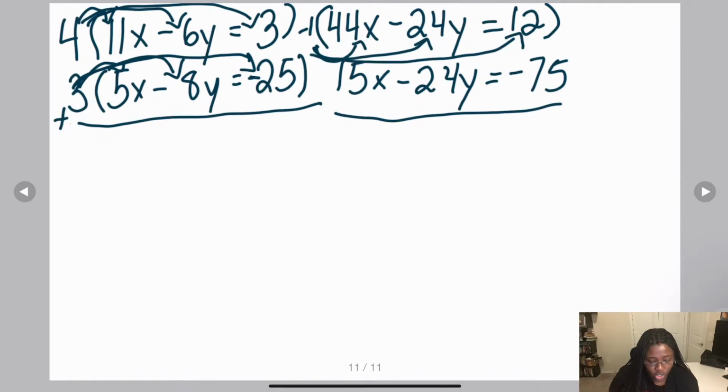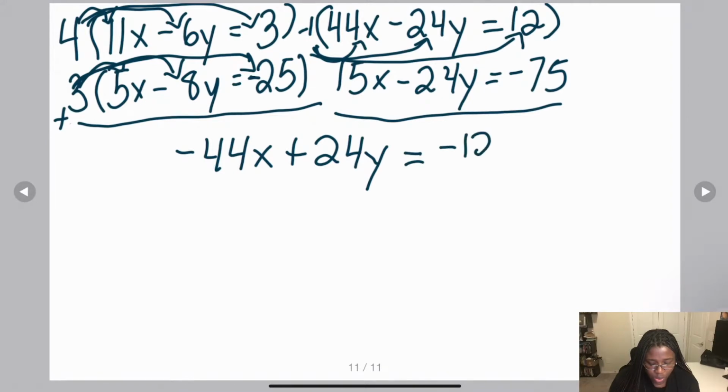So my new equations are going to be -1 times 44x is -44x. -1 times -24 is +24y. And -1 times 12 is -12. The bottom doesn't change. We did not do anything to it. It's still 15x, -24y, and -75.